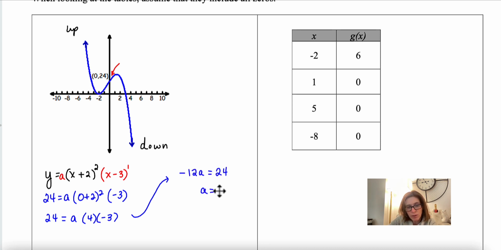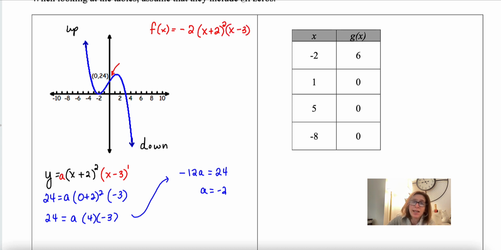So a equals -2. My polynomial, whether you write it with y or f of x, and I'm going to write it with f of x this time, is going to be equal to -2 times (x plus 2) squared times (x minus 3).